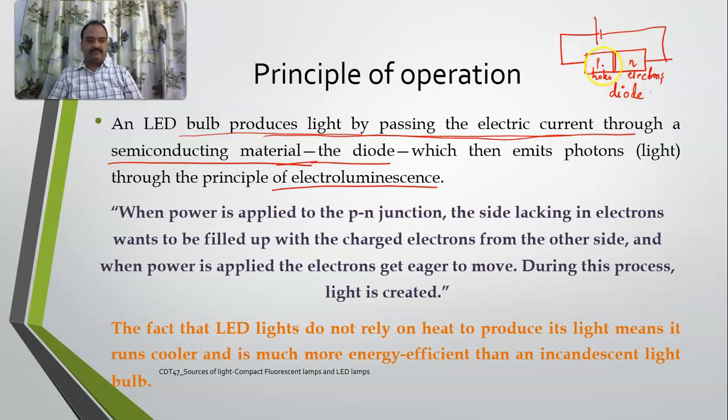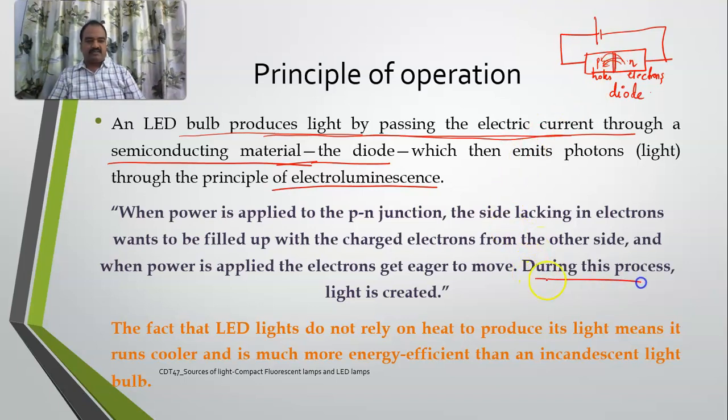The side lacking in electrons wants to be filled with a large amount of electrons driven from the other side. So when external voltage is applied, the electrons get eager to move and try to cross this barrier, and in this process they will emit light.